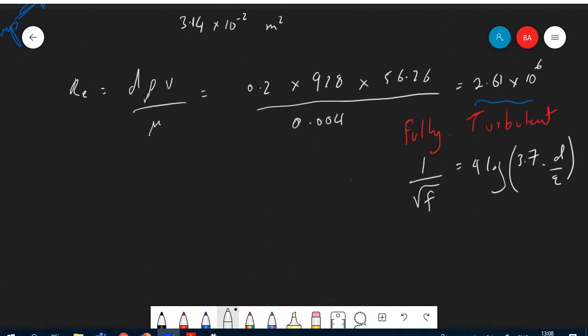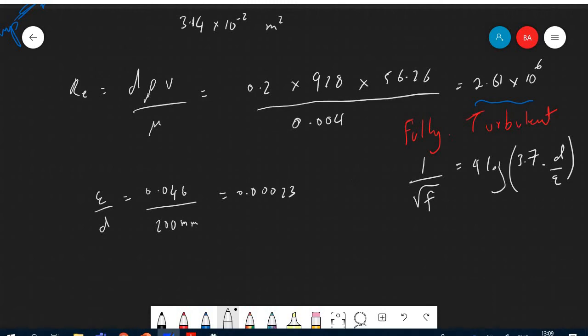So I need e over d. To calculate the roughness factor, you find 0.046 from the table for steel pipe, over the diameter, which is 200 millimeters, which is 0.2 meters. That is equal to 0.00023.